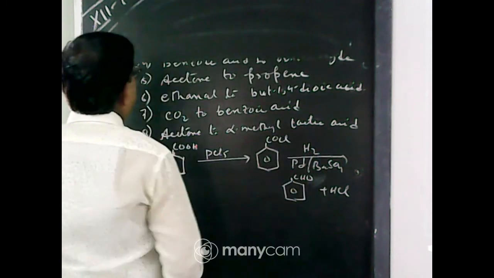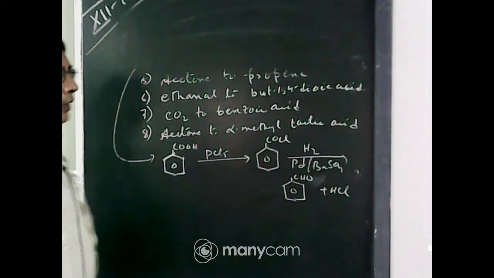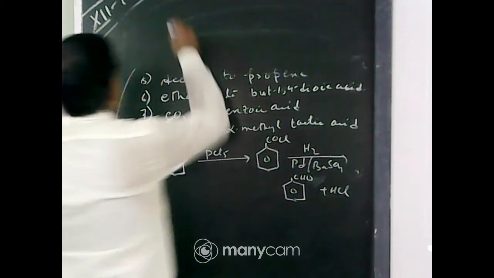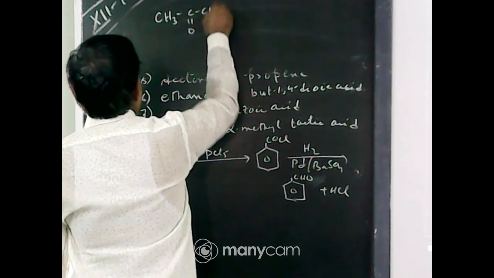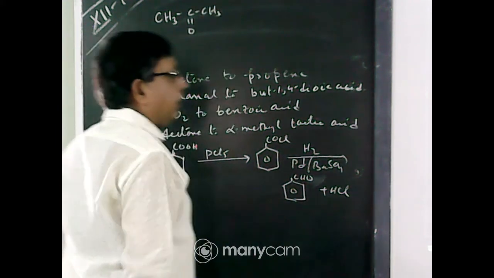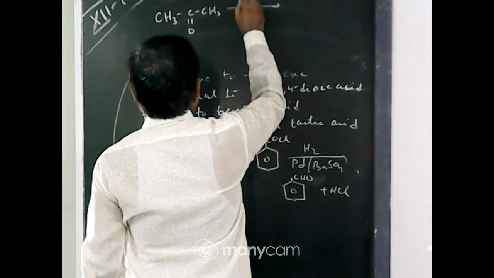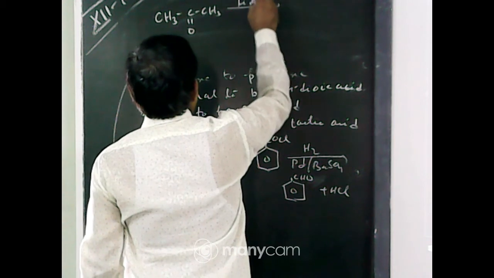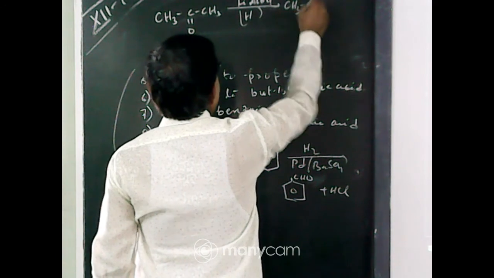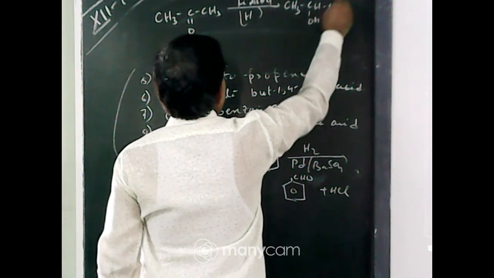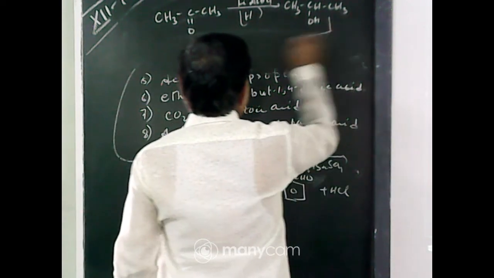Now next one, acetone to propene. What is the formula of acetone? CH3COCH3. Propene has a double bond. You first reduce to alcohol by, say, lithium aluminum hydride reduction. The product is CH3CHOHCH3, propan-2-ol or isopropyl alcohol.